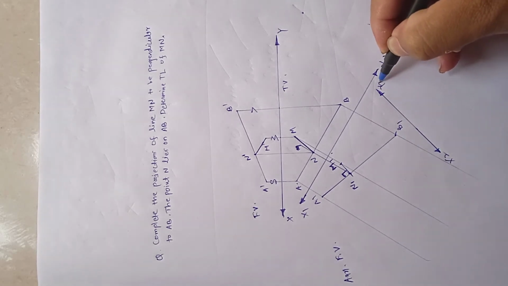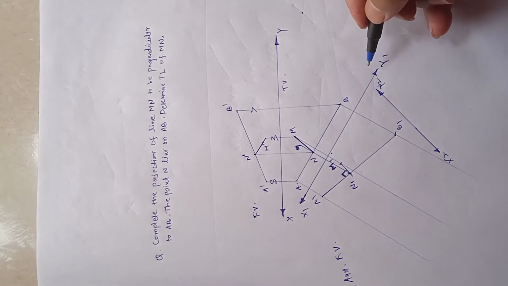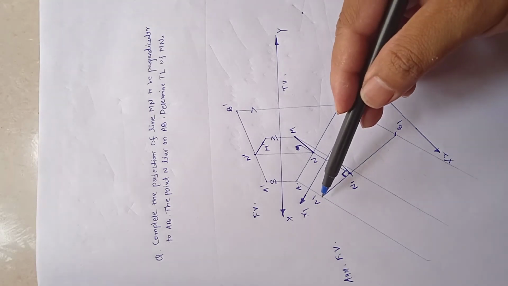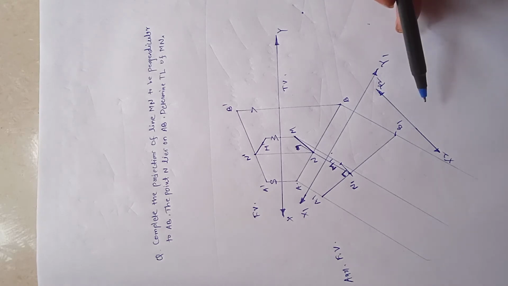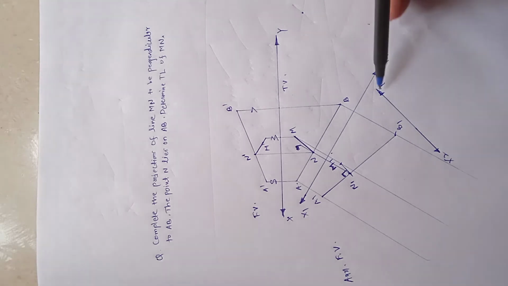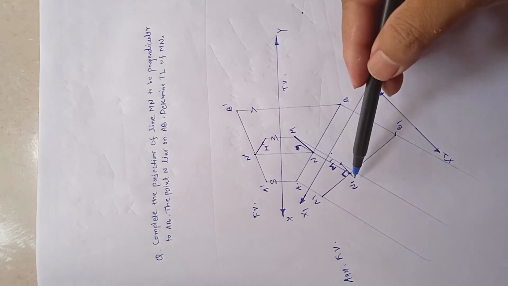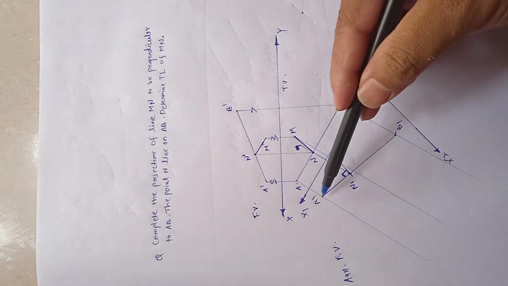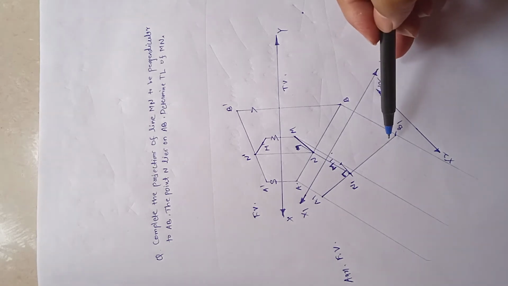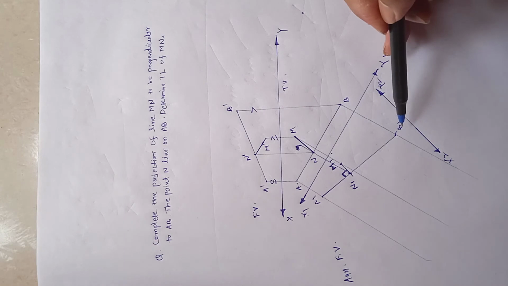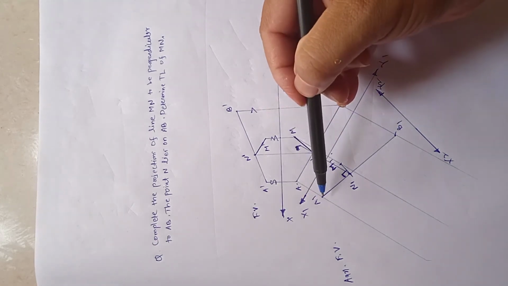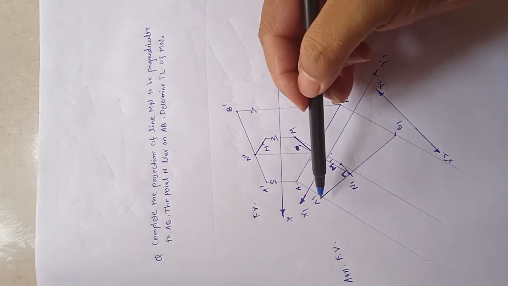x2 y2. Now I will project points A1, B1, M1, N1 on this side. Now this plane is parallel to M1 N1, so this plane will be perpendicular to A1 B1. So we will actually get the point view of this line A1 B1, because if we see from this side A1 B1 line will be seen as a point.